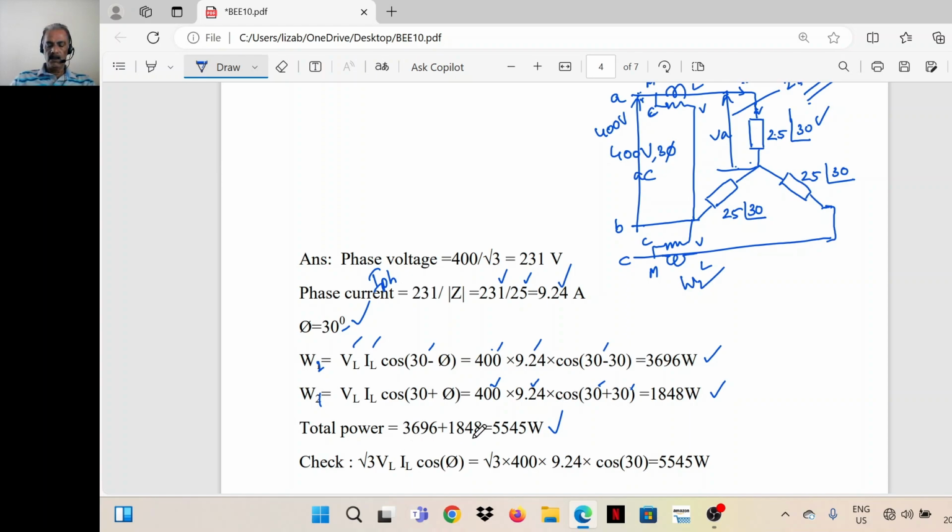Total power can also be found by using the equation root 3 VL IL cos phi, root 3 into 400 into IL 9.24 into cos phi, 5545. So the wattmeter readings are 3696 and 1848.